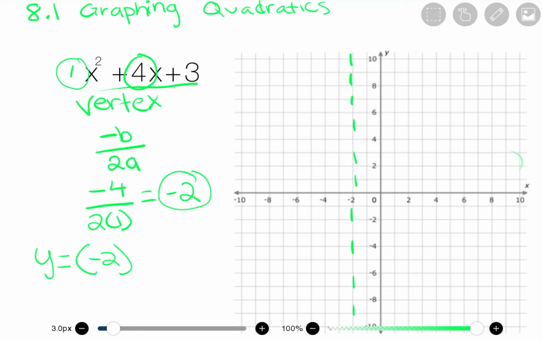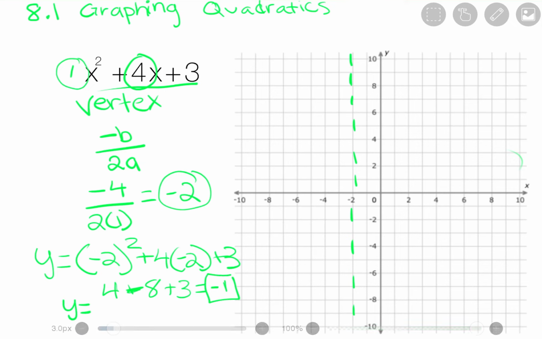It's going to be negative 2 squared plus 4 times negative 2, plus 3. Negative 2 squared is 4, plus 4 times negative 2 is actually negative 8, and then plus 3. So 4 minus 8 is negative 4, negative 4 plus 3 equals negative 1.